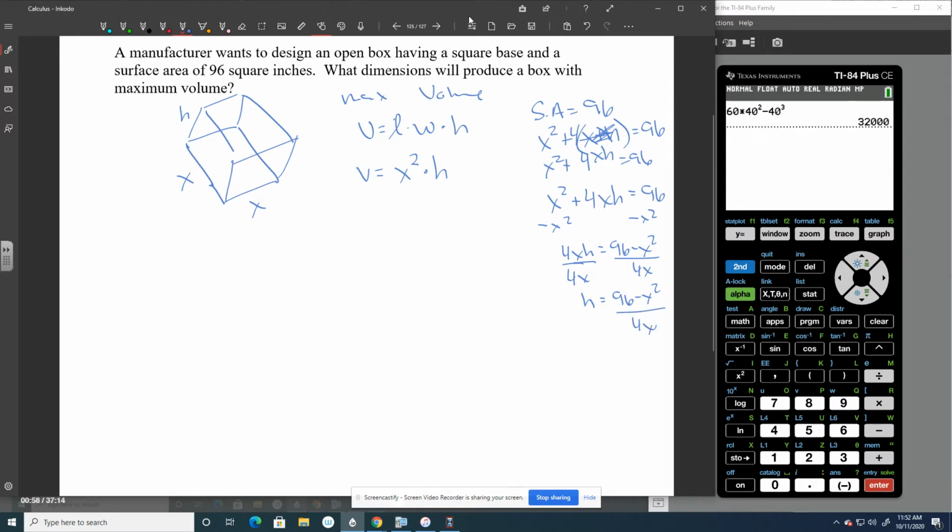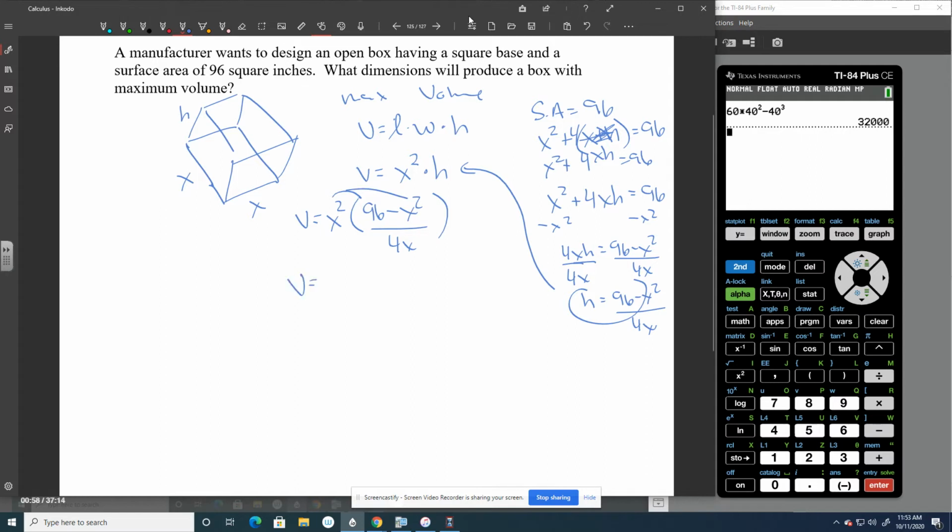Okay, so now that I know h, we're going to plug that in to my volume. Volume equals x squared. Instead of h, I'm going to put 96 minus x squared, all divided by 4x. So to clean that up, I'm going to go ahead and distribute the x squared.